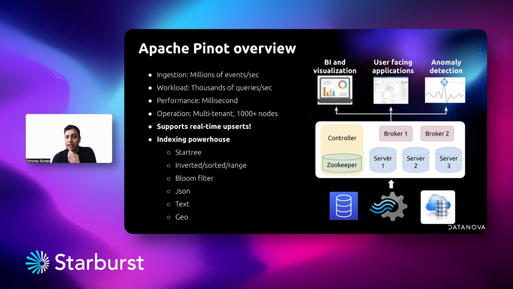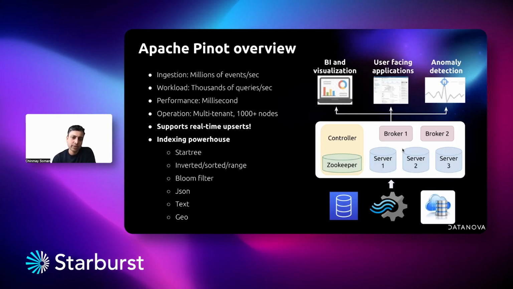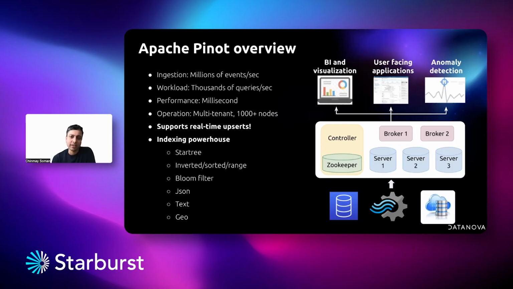What it does is identify which servers it needs to communicate with for that particular query, and then delegate the query processing to the server. Each server will then locally execute the query and return an intermediate result back to the broker. The broker then compiles all these intermediate results and sends the final response back to the user.